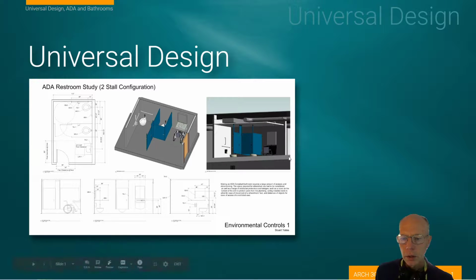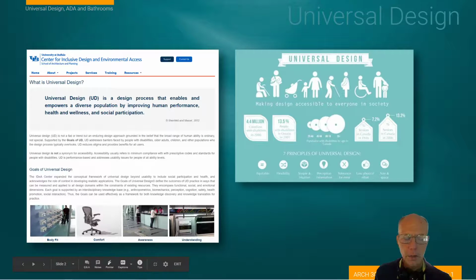And we're lucky enough in Western New York to have what's called the Center for Inclusive Design and Environmental Access, which is a research group at the School of Architecture and Planning at the University at Buffalo. They take a look at the built environment and its fit for our population, this concept of universal design, making design accessible to everyone in a society.